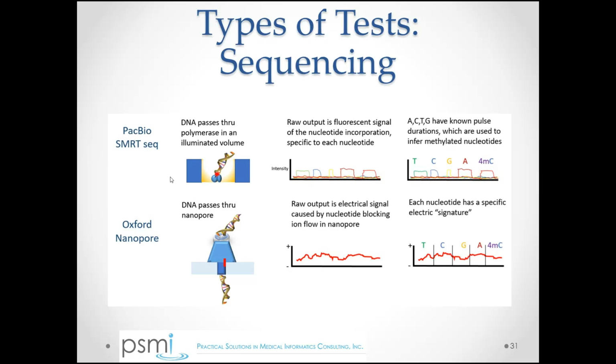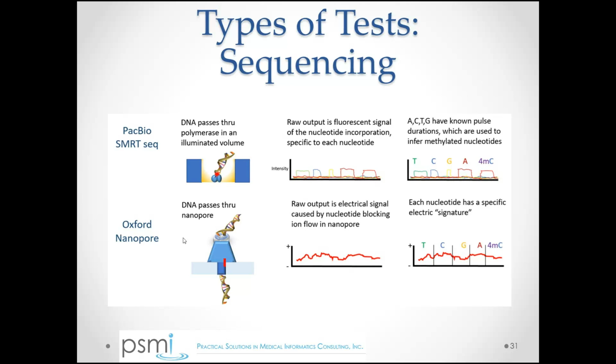The PacBio system passes the DNA through the DNA polymerase. The DNA polymerase is fixed in the well, and as the DNA passes by it and each base gets added, each base, as it's incorporated, gives off a little fluorescent signal, which is then detected.